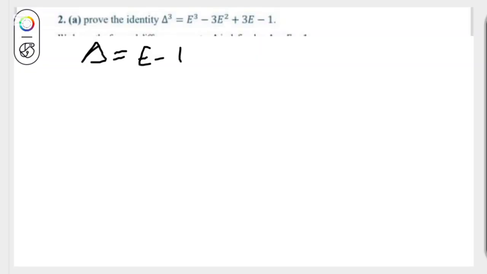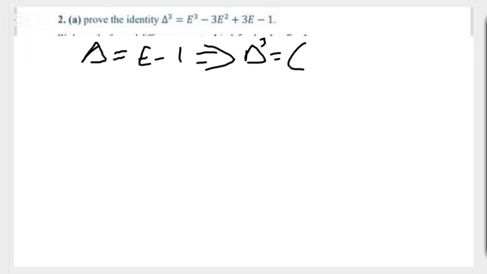I can say this is the same thing as, or let me say, so that you will understand it, this implies the forward difference cubed is the same thing as (e minus 1) cubed.